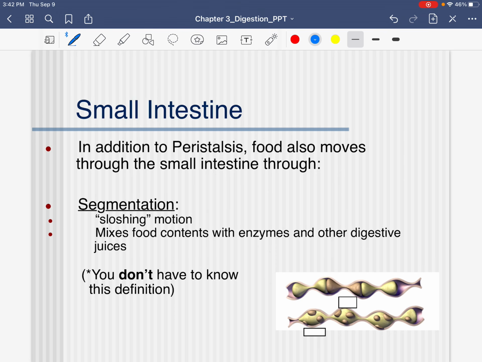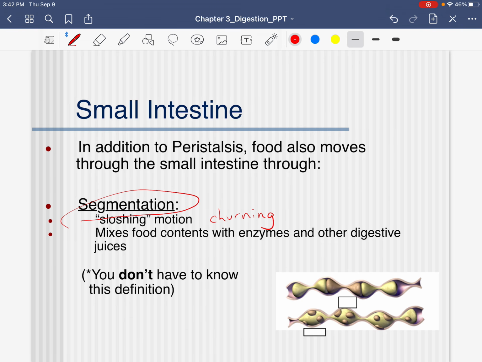It is pretty cool. Now, in addition to peristalsis, we've already talked about how the esophagus does that rhythmic contraction to push food through. There's another technique of movement of food through the GI tract, and that is called segmentation. Here it says sloshing.